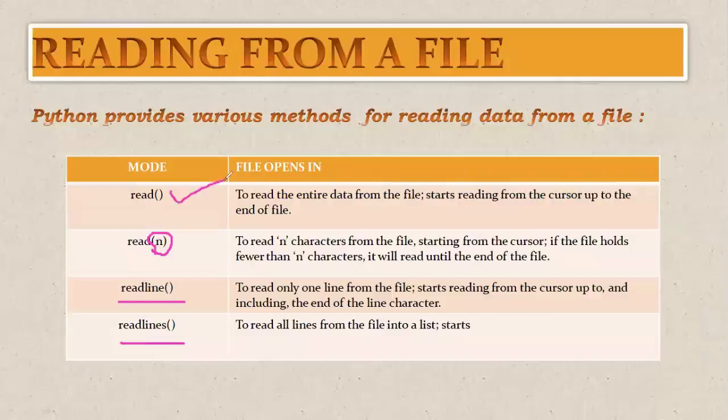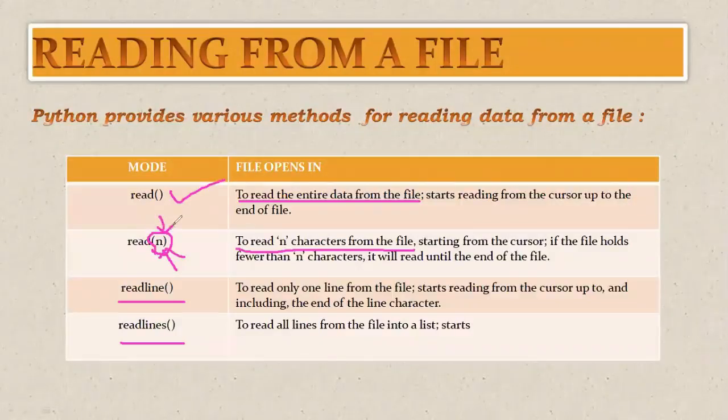When I use the read function, it will read the entire data of the file. But when I provide some value inside the read function, I am instructing the compiler to read only some specific characters, and that number of characters we need to put here.